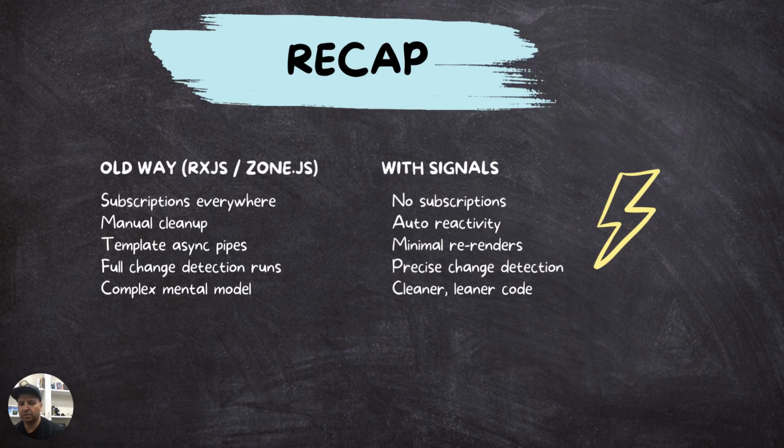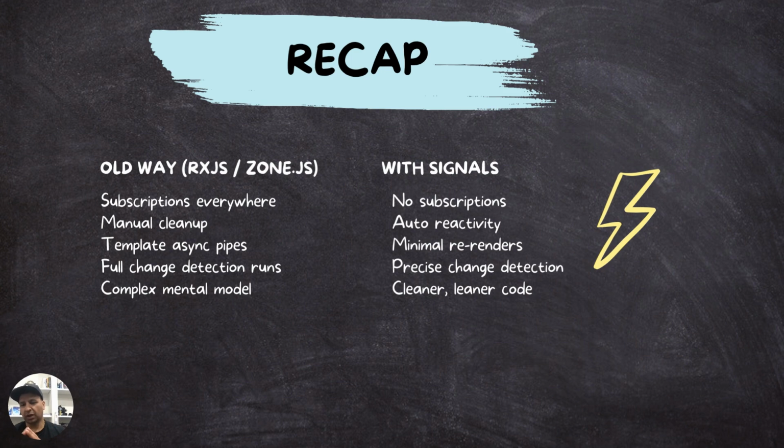So let's wrap it up with why this actually matters, especially for performance. So with traditional RxJS in Angular, every little UI event could trigger a broad change detection cycle.